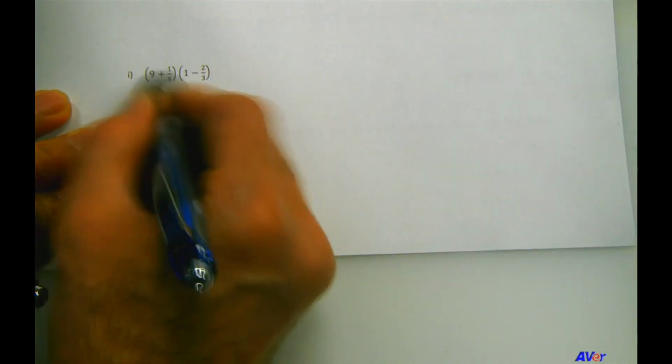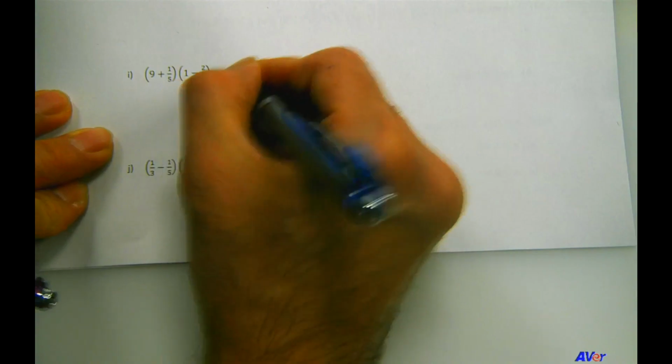You can FOIL it. But another way of answering this is to first take the common denominator within each parenthesis. Once you have combined the fractions inside each parenthesis, then you can multiply them. So let's do that. It depends on your preference. If you want to FOIL it, that's also an acceptable way. But it takes a little bit longer to do it that way.